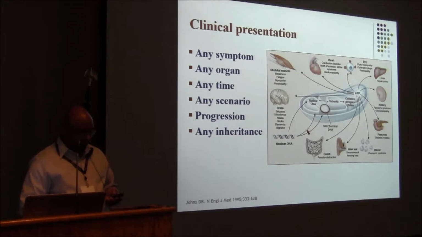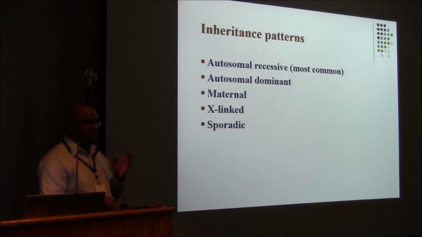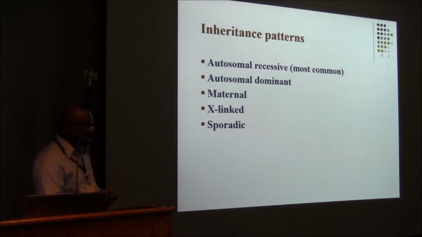So for example, if we take inheritance of mutations in the mitochondrial DNA, then it's definitely maternal. But if the inheritance is from the nuclear DNA, then it can be anything.